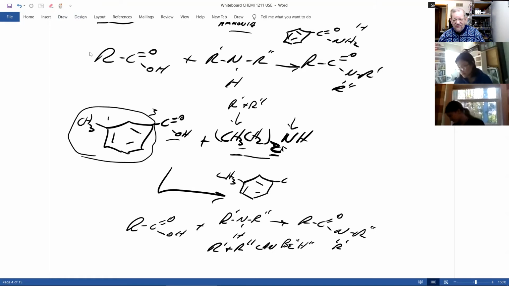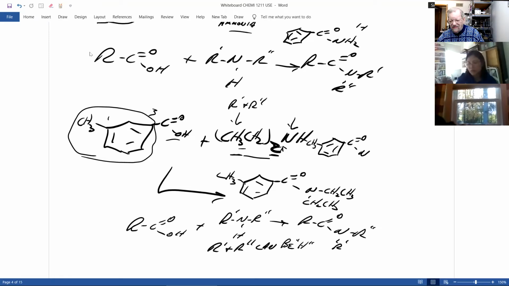Still has a methyl group, the carbonyl, then my nitrogen. And what's our prime and our double prime? Ethyl. But I could have also written it this way. And these two are the same.